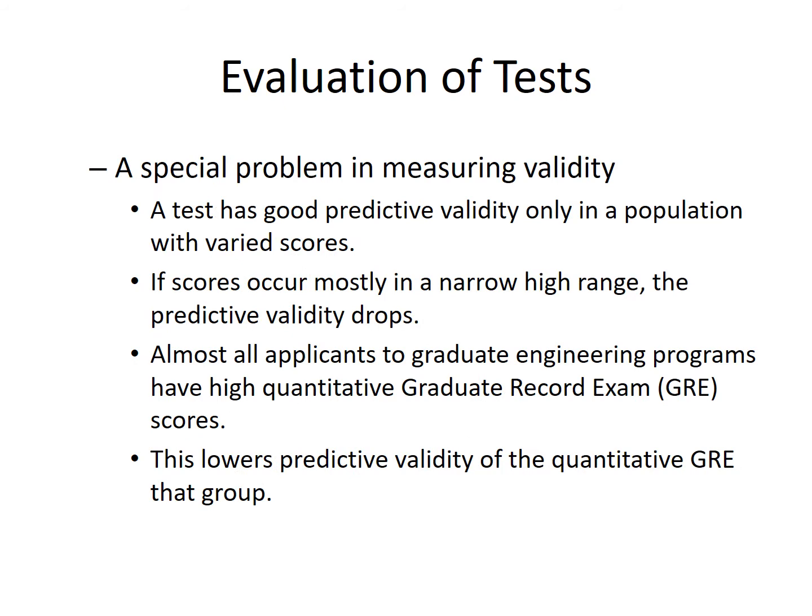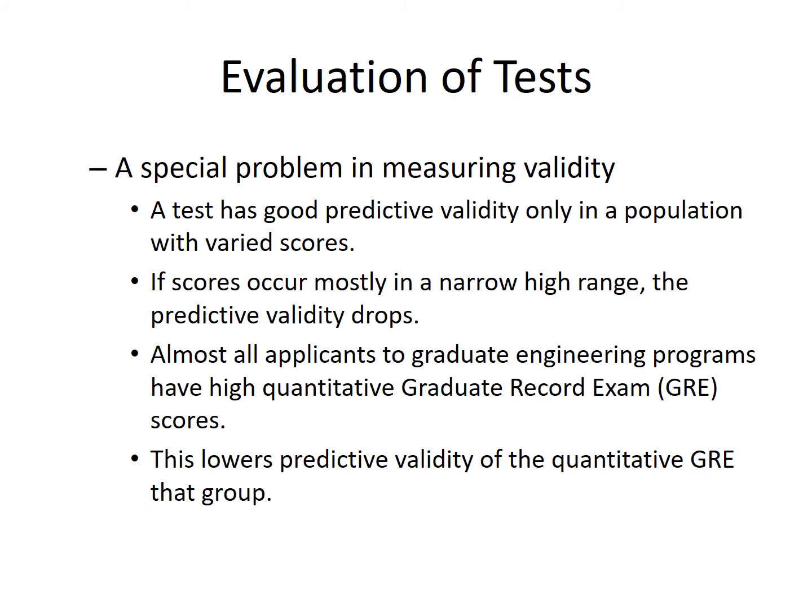So some of our problems with measuring validity is that it has predictive validity only in a population that has varied scores. So if we have a really high, stringent acceptance rate, like at a university, it's really hard to assess predictive validity, which is your ability to predict outcomes. Because if the only people you look at are the top 5%, then we don't know if performance of the lower 95% is predicted by this test.